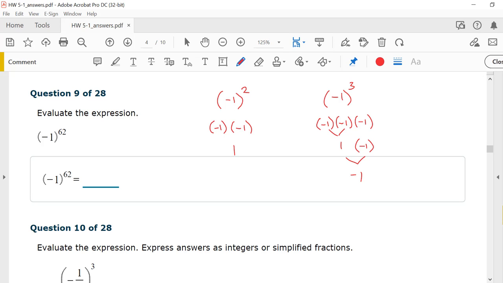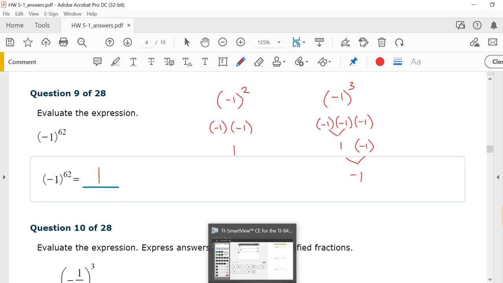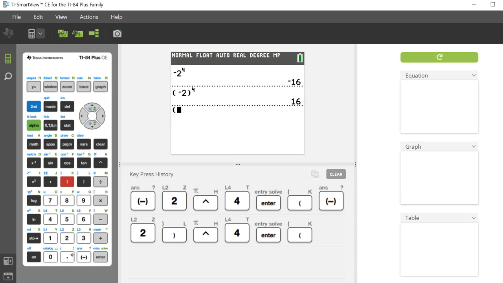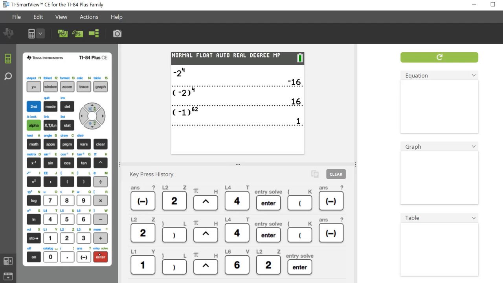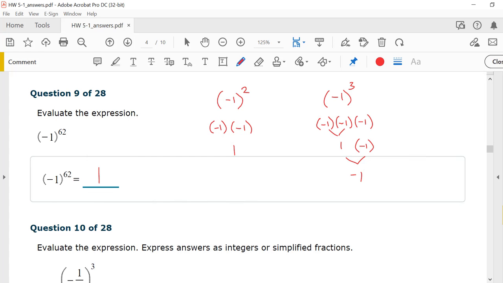Anytime I raise negative 1 to an even power, it's going to be a positive 1. If I raise negative 1 to an odd power, I'm going to get a negative 1. 62 is an even number, so my answer is just 1. If I want to confirm it on my calculator, negative 1 to the 62nd power is 1.